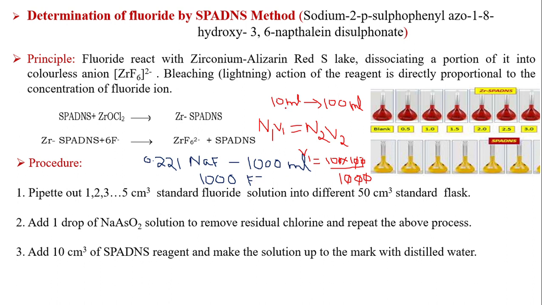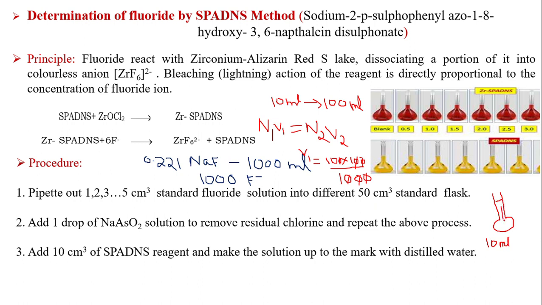That's why I told you, 10 ml of the original stock solution is transferred into a 100 ml standard flask. I mean to say this is our 100 ml standard flask. Working standard, I am taking 10 ml of this 1000 ppm solution, and making it up to the mark using distilled water.